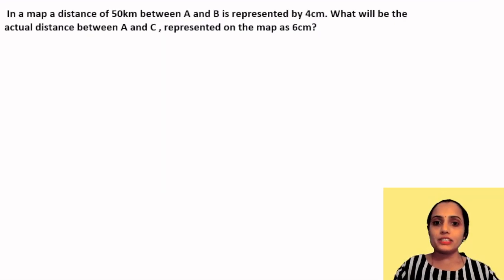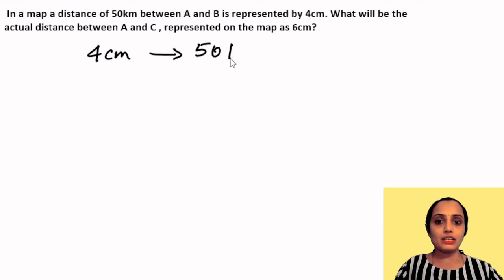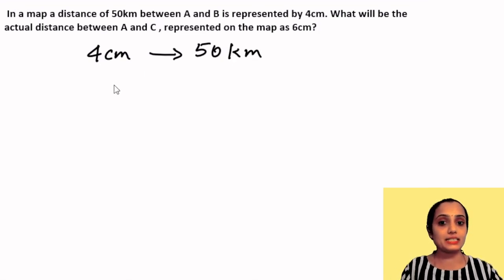To explain the unitary method, let's look at this example. We have the same example again. 4 centimeters is representing 50 kilometers. Now, how much will 1 centimeter represent?